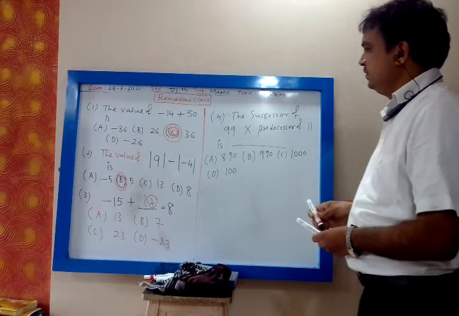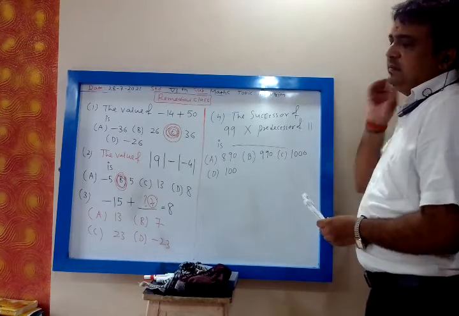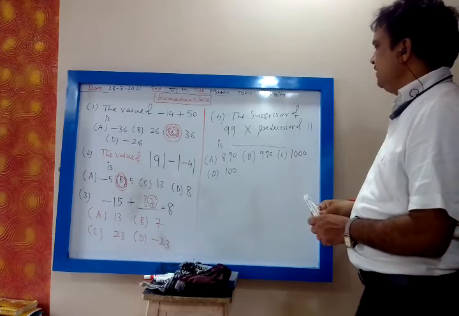Chalo, work it out. The successor of 99 multiplied with the predecessor of 11.